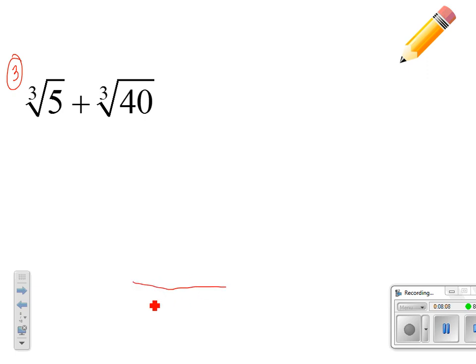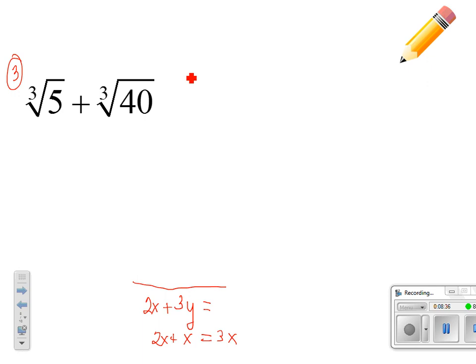So if you were going to add 2x plus 3y, what would that give us? 2x plus 3y, right? Because they're not like terms, we can't add them together. Can we take 2x plus x and add them together? Of course, we can get 3x here.